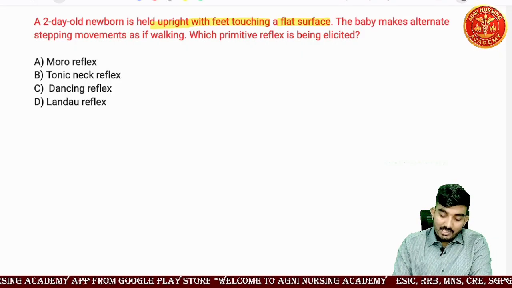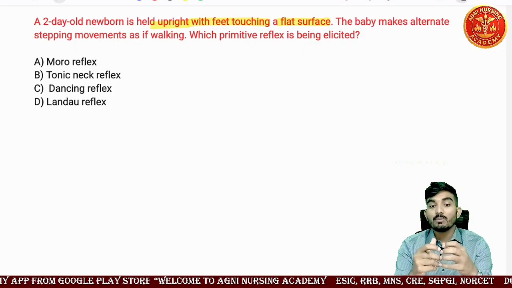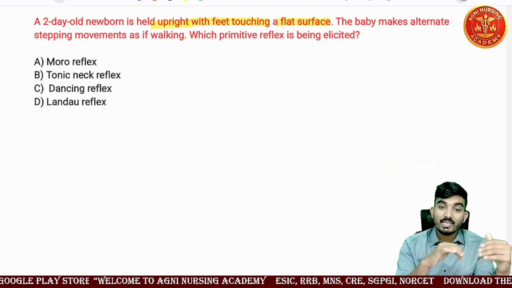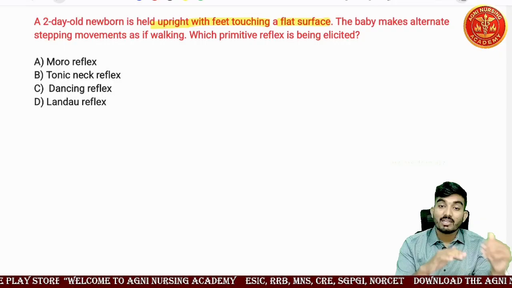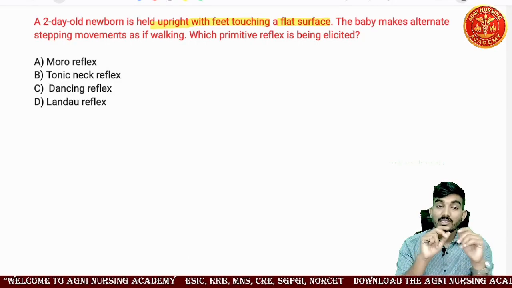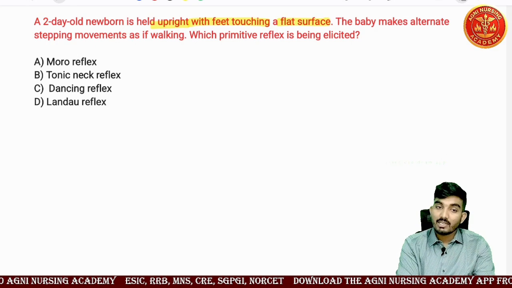Dancing reflex means we hold the child in a vertical posture and allow the child's leg to touch the flat surface, then the child will start stepping. It looks like dancing, that's why it is called a dancing reflex.